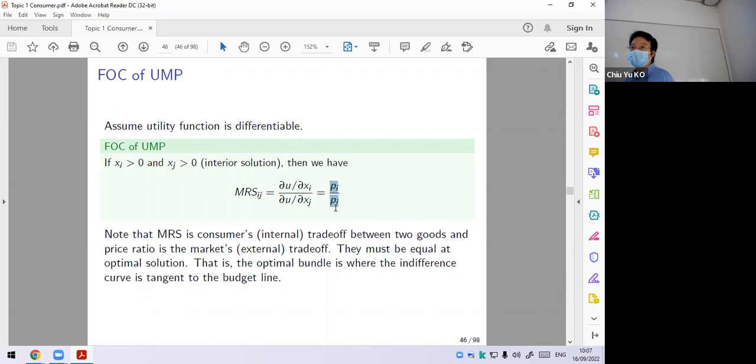You can exchange X and Y keeping your budget constant, so you can always swap X and Y in the external market. It must be the case that they're the same, because if not, you can always go out and change.